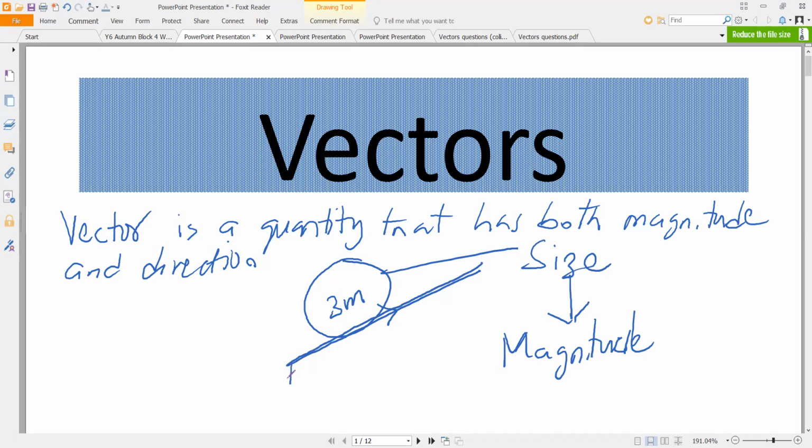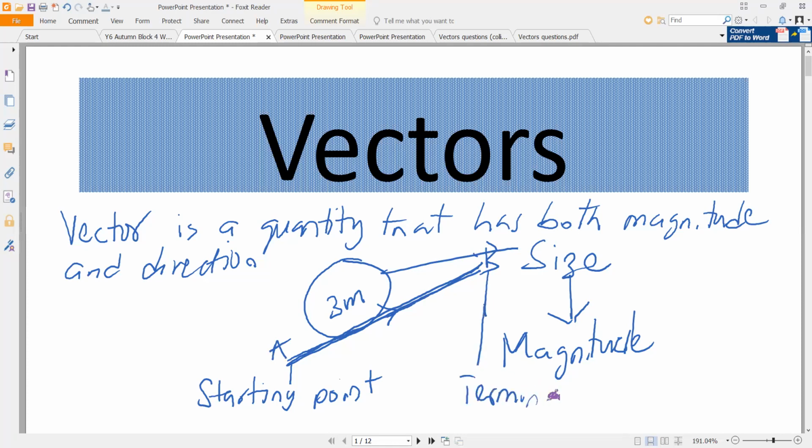This is called the starting point. So if you move from A to B, this point is called the terminal point. This is simply vectors. It has magnitude and it has directions.